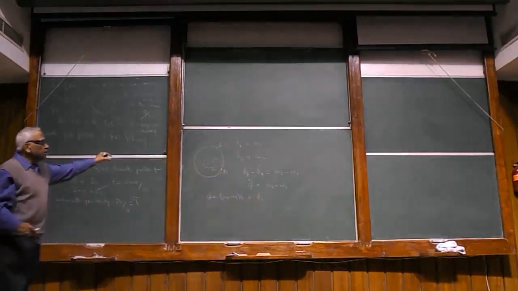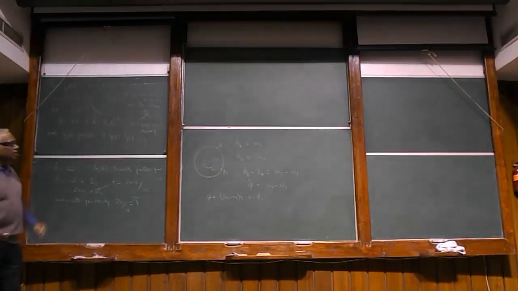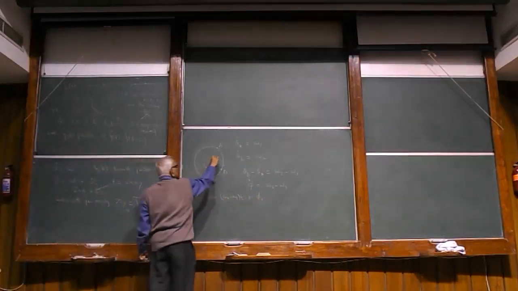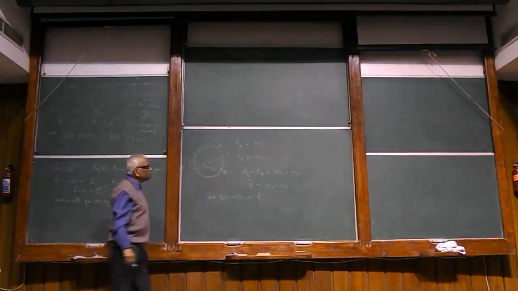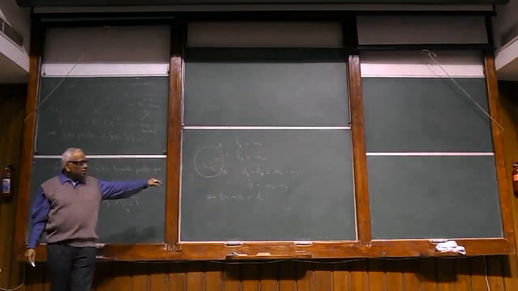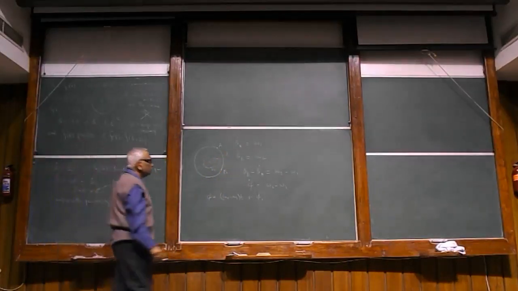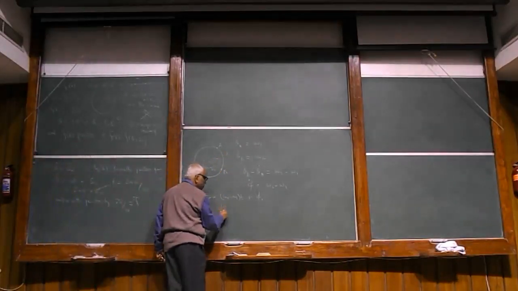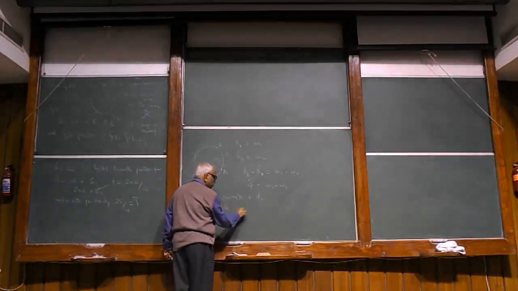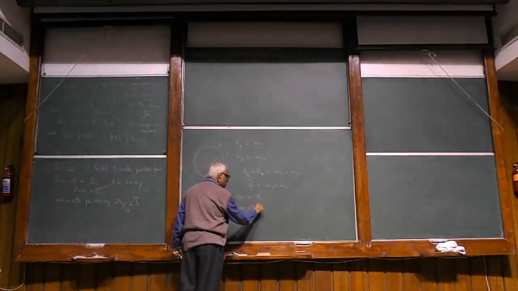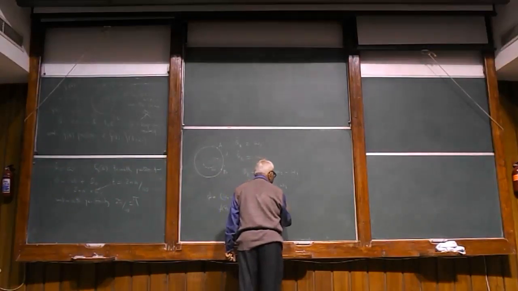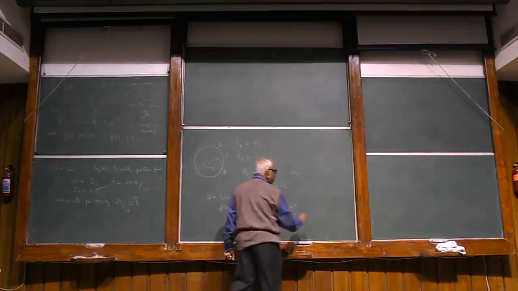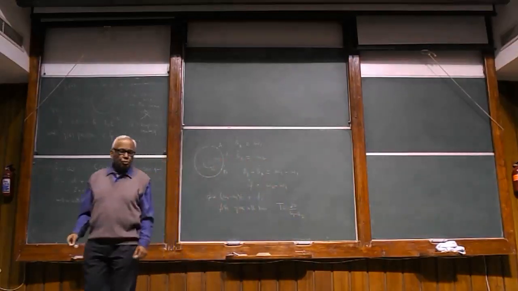So if your initial difference is phi 0, that's my phi 0 over here, then phi of t grows with time until you reach t equal to 2 pi over omega 1 minus omega 2.